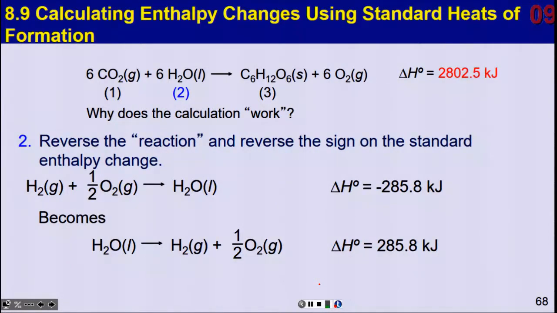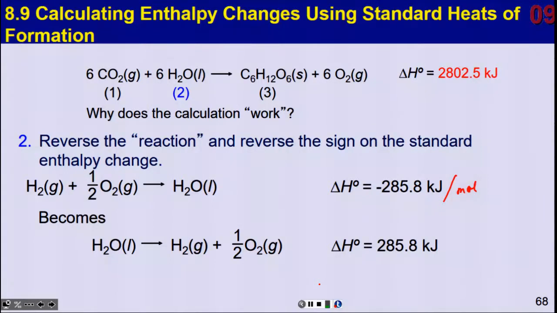And for the 6 waters, what do we have to do? The heat of formation of water is hydrogen plus oxygen combining to make water as a liquid, and that's what we want in its standard state. We'll look it up in a chart, and it's 285.8 kilojoules per mole. You're going to run into this number a few times. You might begin to become familiar with it.